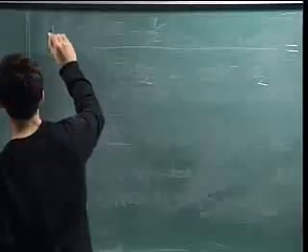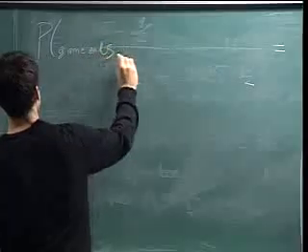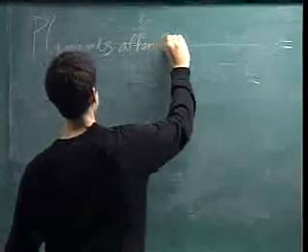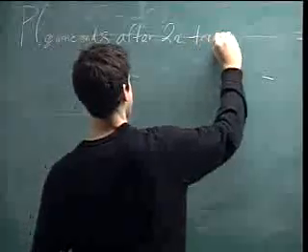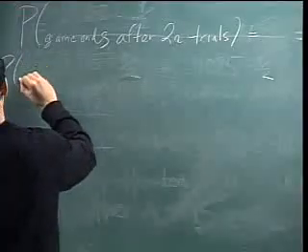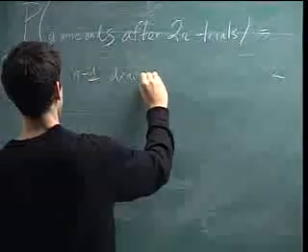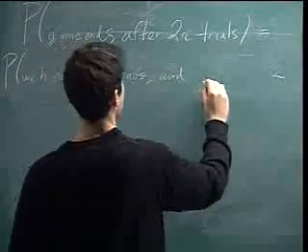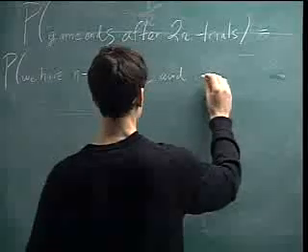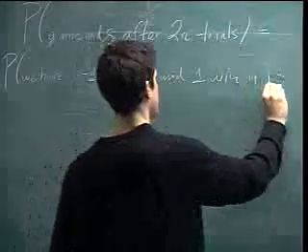Do you have a question? Okay. So the probability the game ends after 2n trials is the probability that we have n-1 draws and someone wins in the end, one win in the end.